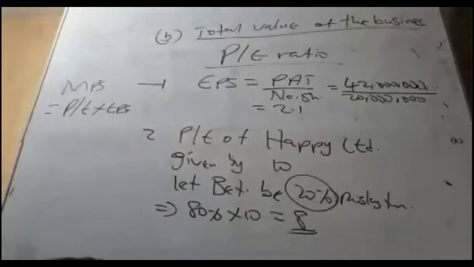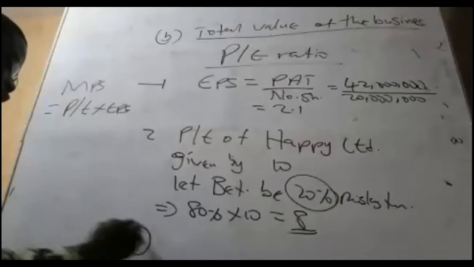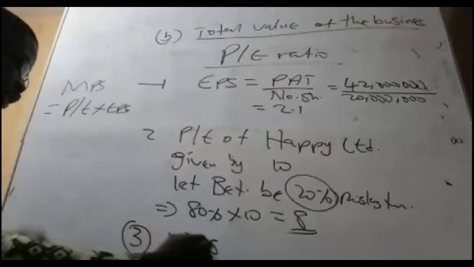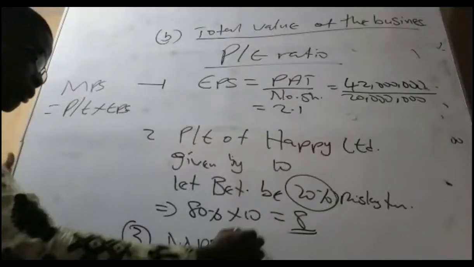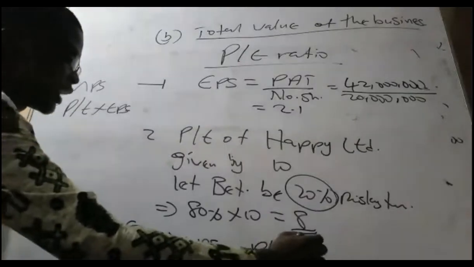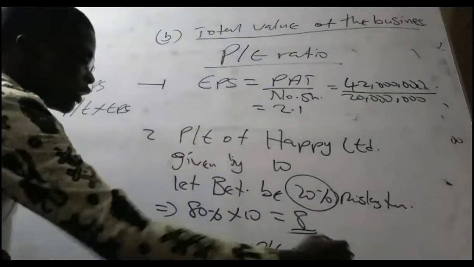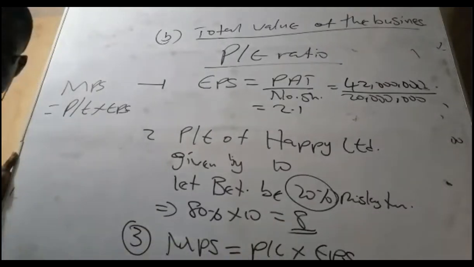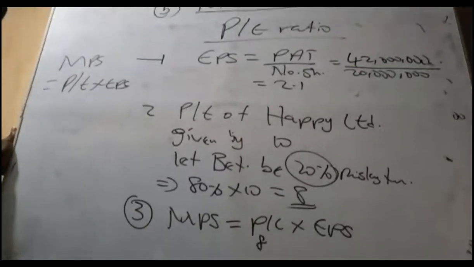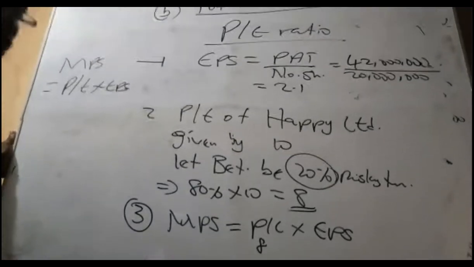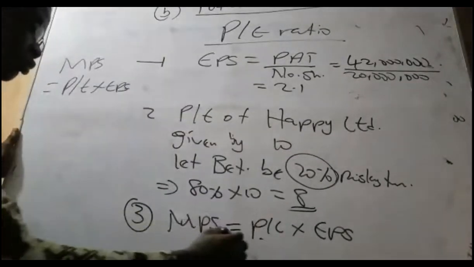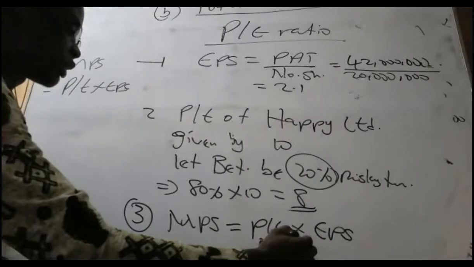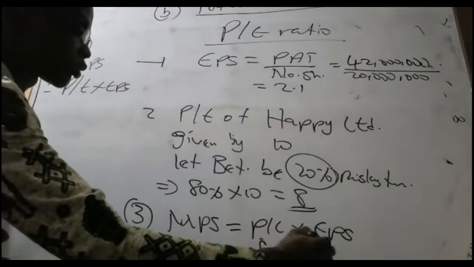Then you go to the last step, step 3. Calculate the market price per share, which is equal to the PE ratio times the earnings per share. The PE ratio we had is 8, times the earnings per share of 2.1.